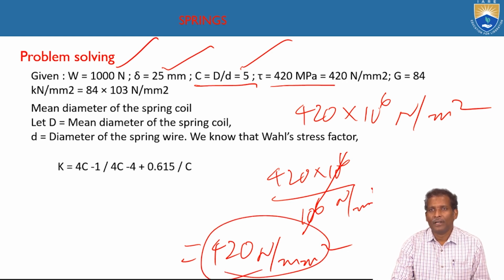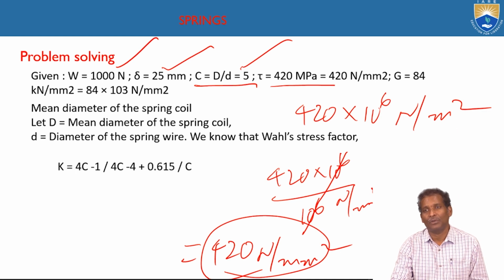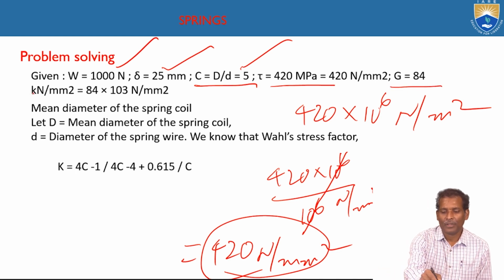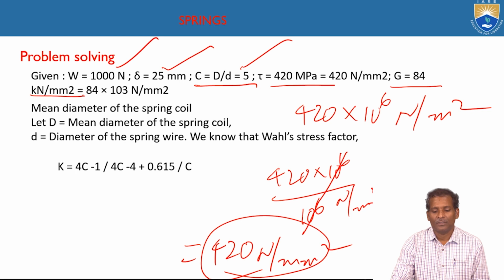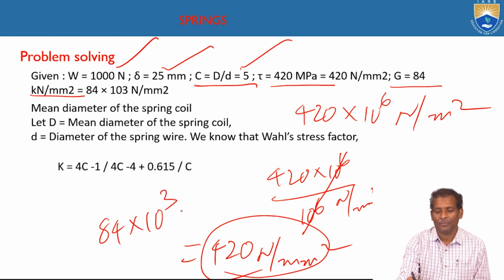So it means 1 megapascal is equal to 1 Newton per mm square. 1 pascal is 1 Newton per meter square, so 1 megapascal is 10 to the power of 6 Newton per meter square in terms of meters. Next, G is 84 kilonewton per mm square. So this one convert into Newton per mm square. The kilonewton convert into Newton, 84 into 10 cube.